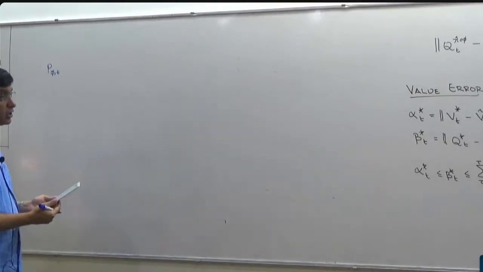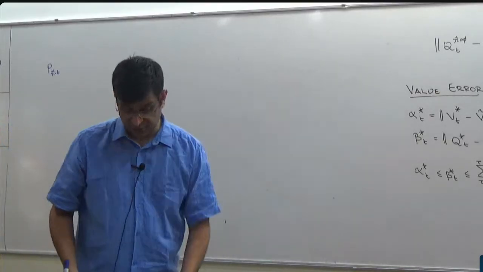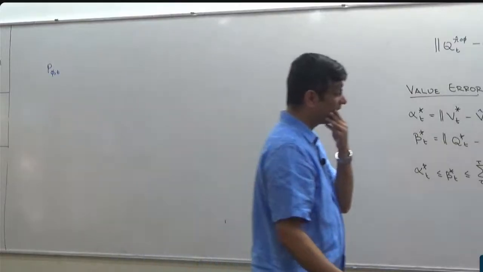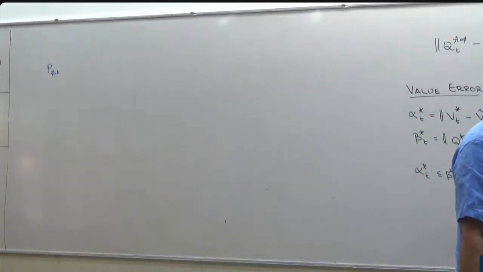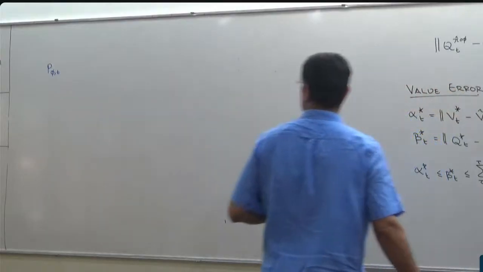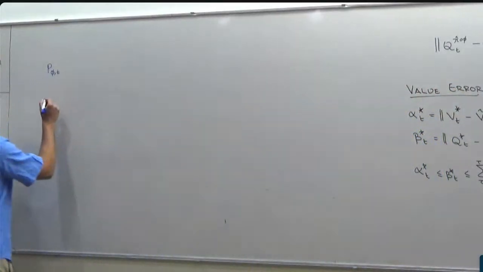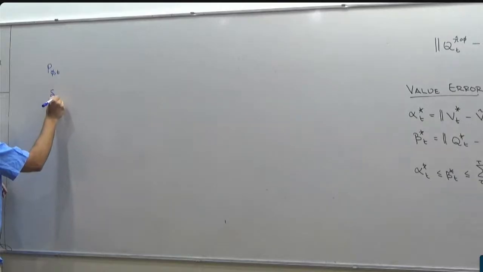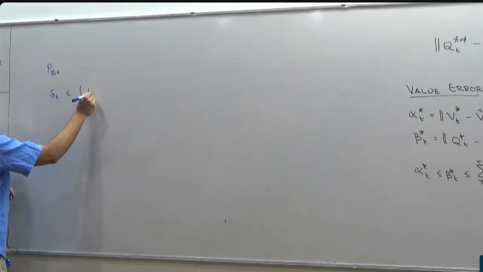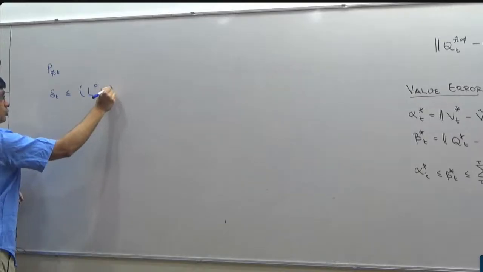I'm going to give this result rather than derive it. As I'm looking at my proof, I realize right now that this relies on the primal definition of Wasserstein distance, which we did not discuss, and it's going to take a bit of time. I don't think it's super important for the central point that I want to make. So let me just give what delta t would be, and delta t is going to be greater than equal to LP plus 2 times R.